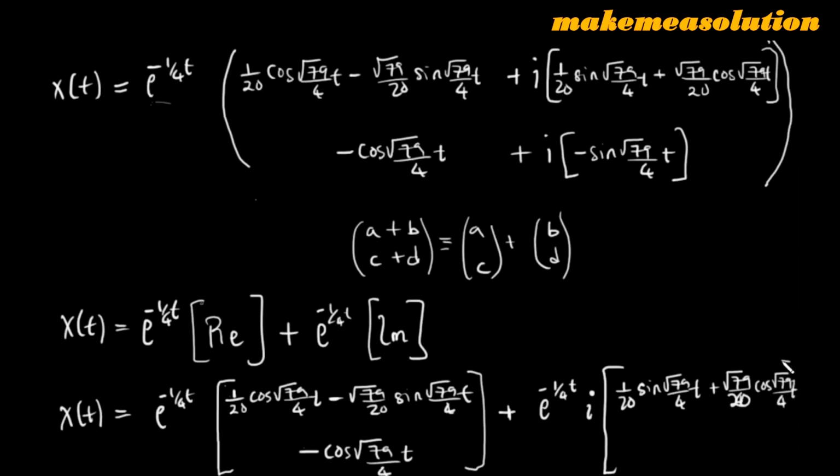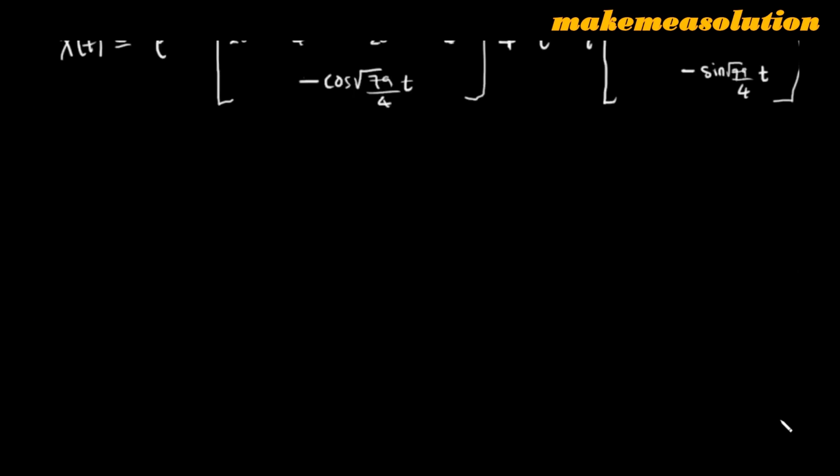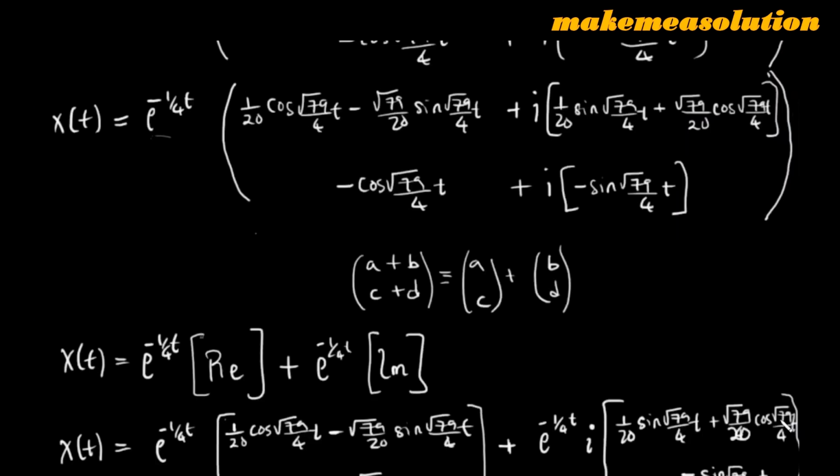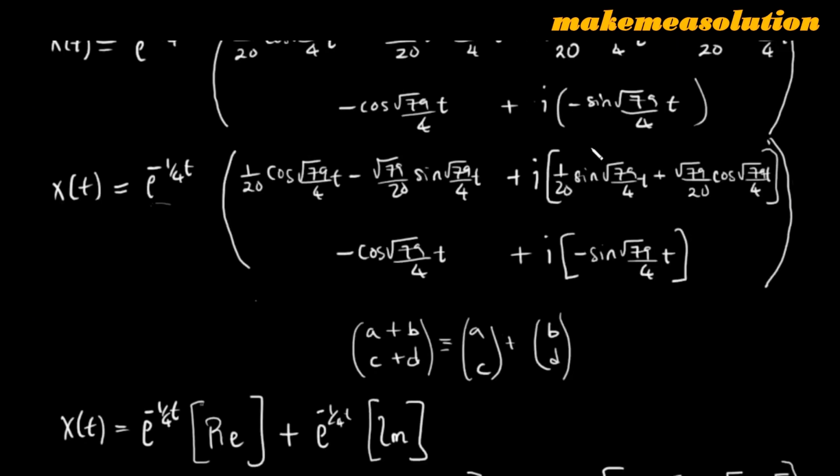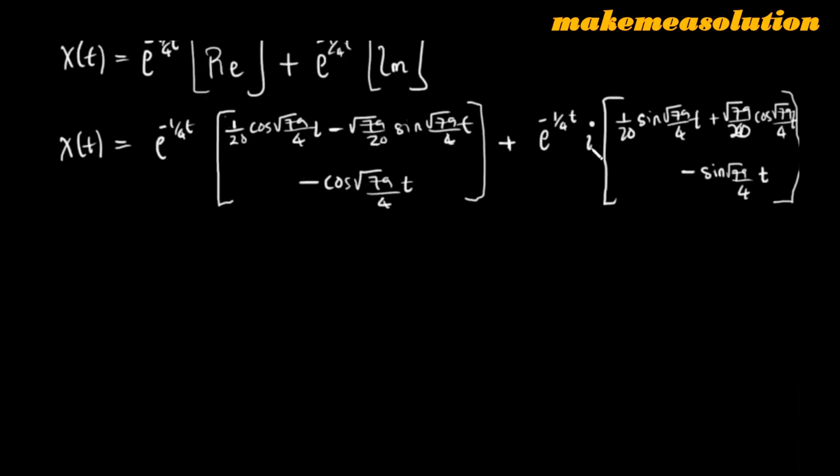So pardon me for that. And you now have minus sine root 79 over 4t, like this. Okay, so you can see that we have converted from this particular system to two separate systems.